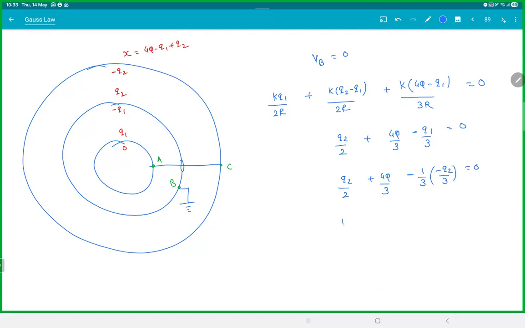That would be 1 by 2 plus 1 by 9. That is 11 Q2 by 18 is equal to minus 4Q by 3. Q2 is minus 24Q by 11. Q1 will be plus 8Q by 11.